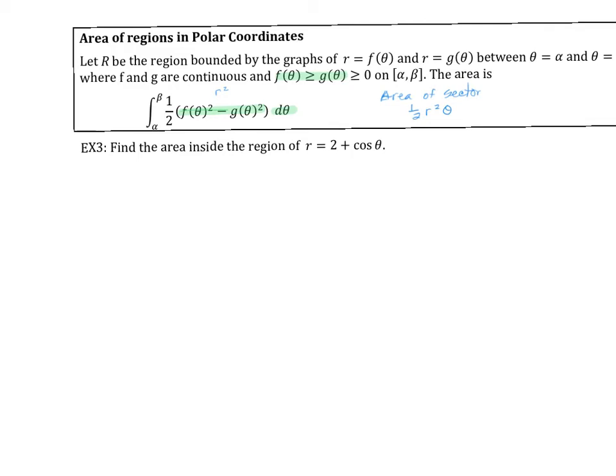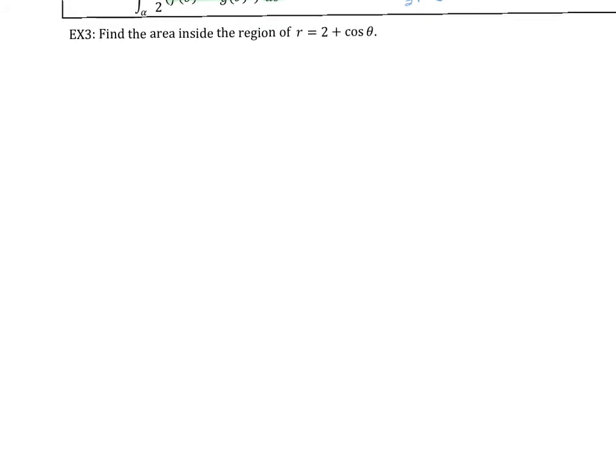Example 3, we're supposed to find the area inside the region of r equal to 2 plus cosine of theta. I strongly recommend that you graph the region first. When I graph this region, oh gosh, I'm the worst at hand drawing graphs. I guess that's not too bad.